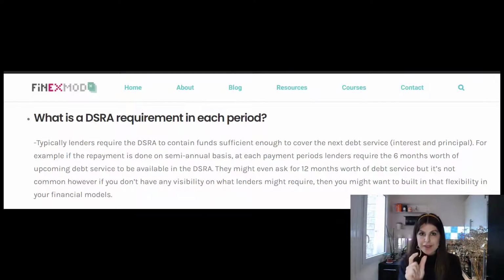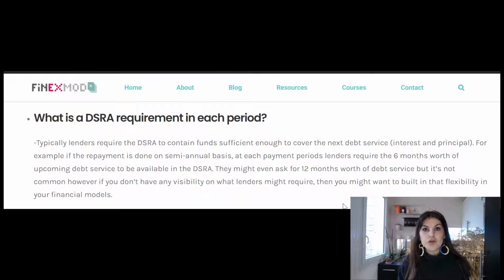Now, the next question is, what are the DSRA requirements throughout the life of the loan? So what should be the ending balance of this reserve account in each model period, or in each repayment period? Typically, lenders require the debt service reserve account to be funded up to the next upcoming debt service.